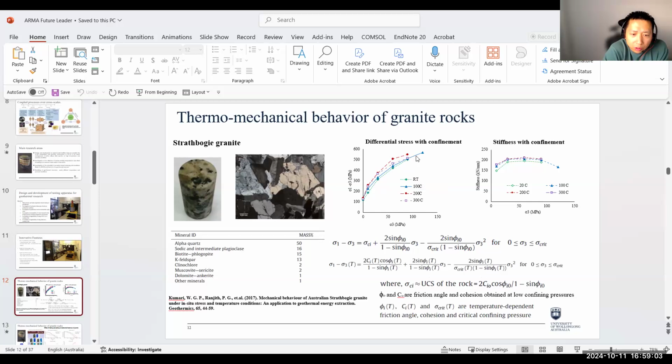What's more interesting is that the room temperature curve is close to 100, then for 200 it becomes the highest, and then at 300 you come back, and 300 is pretty close to the room temperature curve. So it makes me wonder, is it really necessary to do a 300 degrees C compressive stress test?